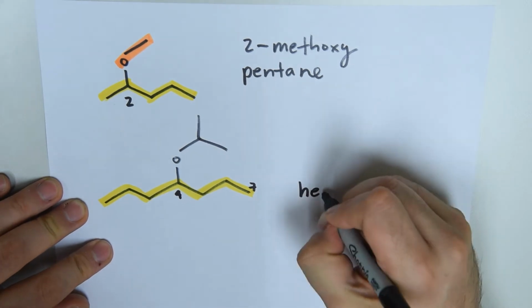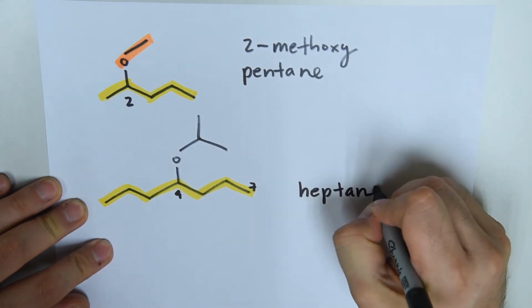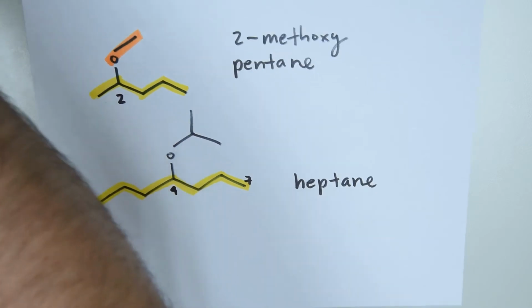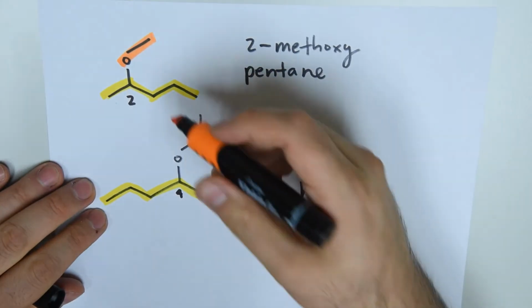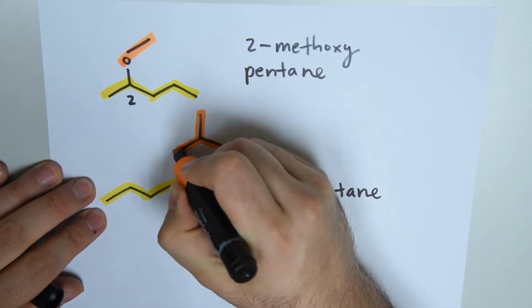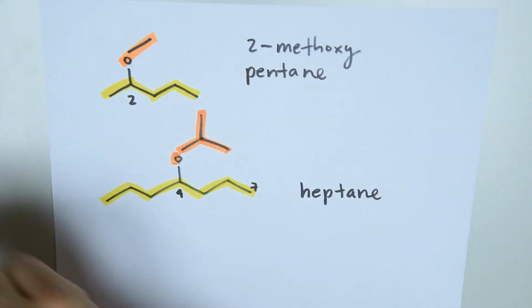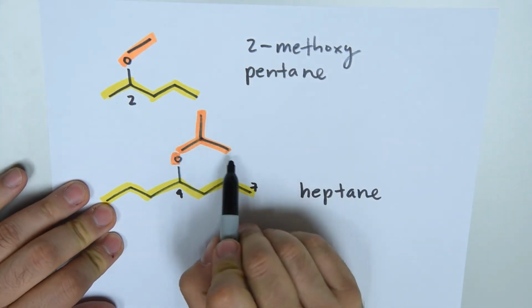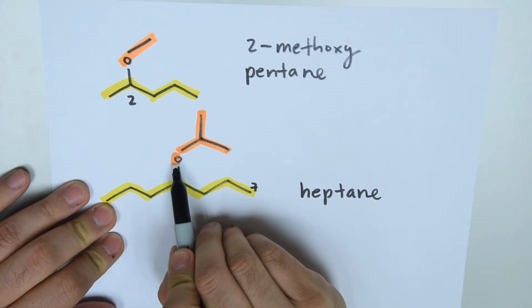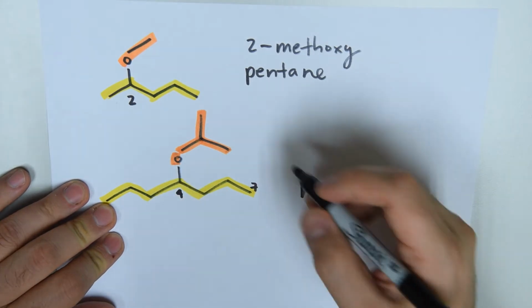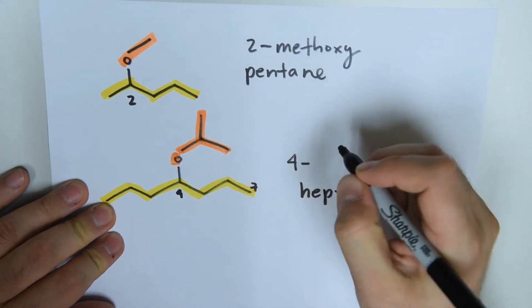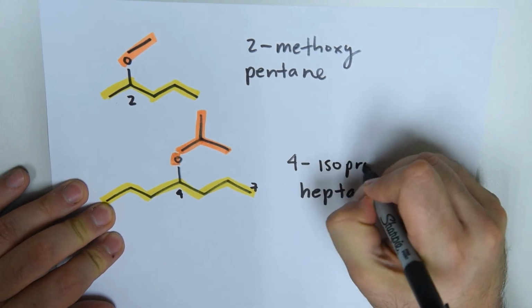So then it's heptane. And what is attached to this heptane? At number 4, I have the isopropyl shape attached to an oxygen atom. Thus, this is going to be isopropyl, but since it has the oxygen, it becomes propoxy. So this is at number 4, isopropoxy.